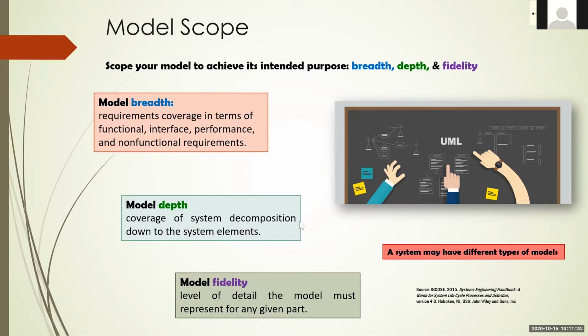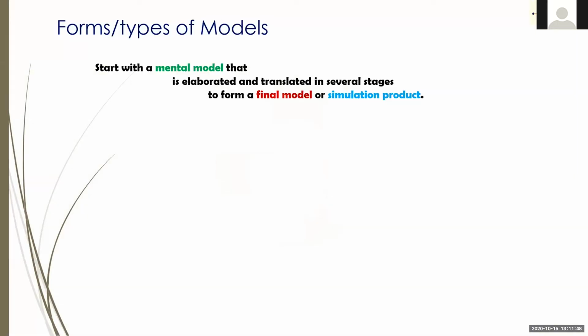But then you may want to understand what are the states within a given subsystem. But that subsystem may have a couple of components. So later on, you may want to understand the behavior of a given component. So the same model can be used at different levels of abstraction in your system decomposition.